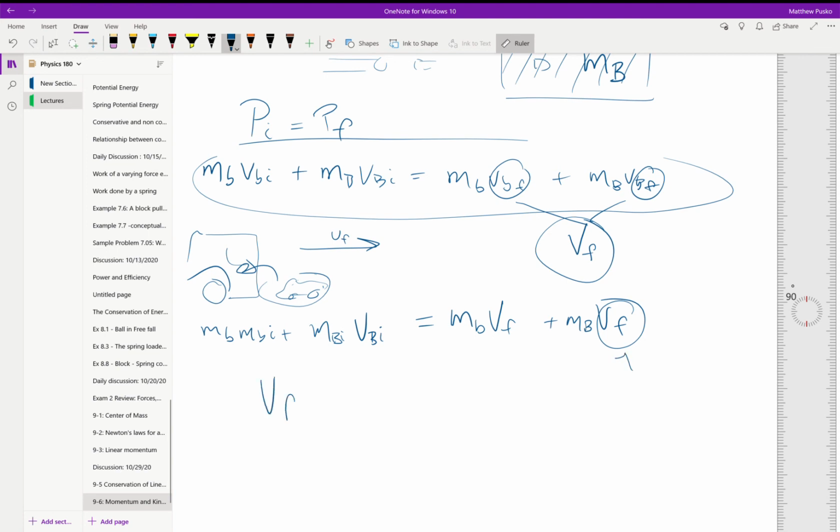We get the final velocity, if it's a purely inelastic collision, is equal to, in this case, the mass of the bullet times the velocity of the bullet initial, plus the mass of the block times the velocity of the block initial, all divided by the combined mass, because we could have factored this out to be the mass of the bullet plus the mass of the block times V final.